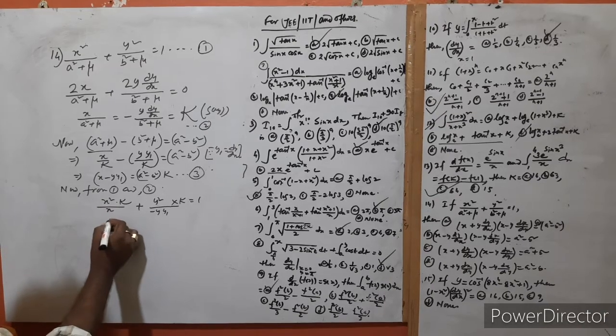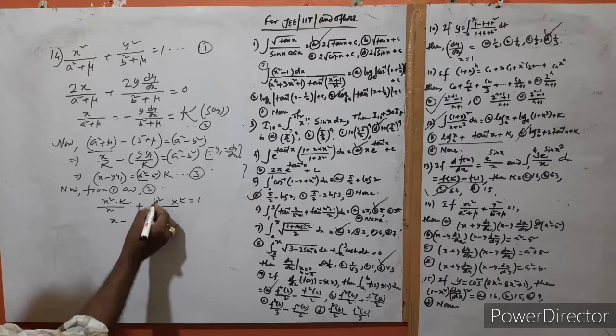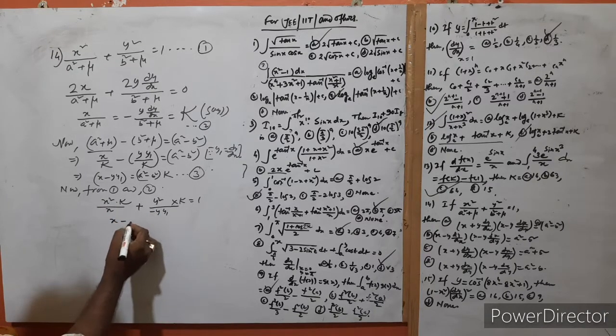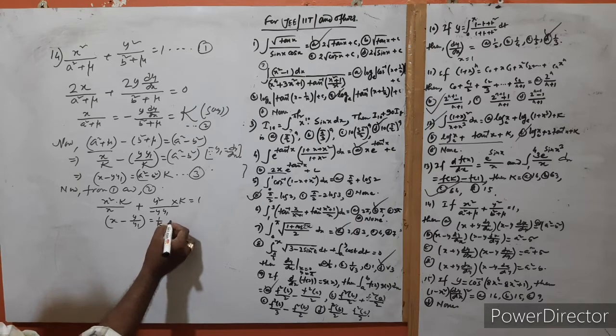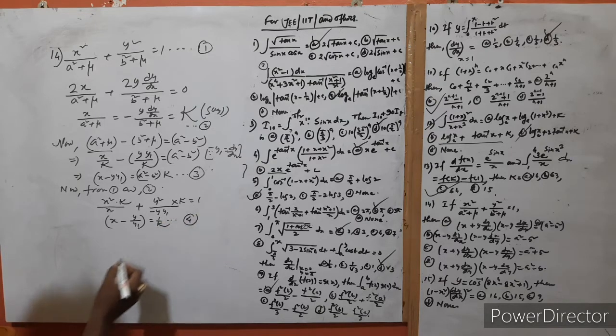So x are cancelled, so x minus y and y are cancelled. So y by y1, and this is 1 by k. This is 4.